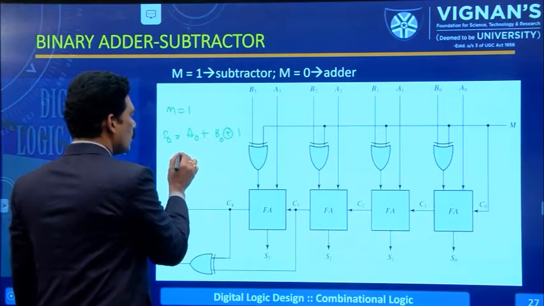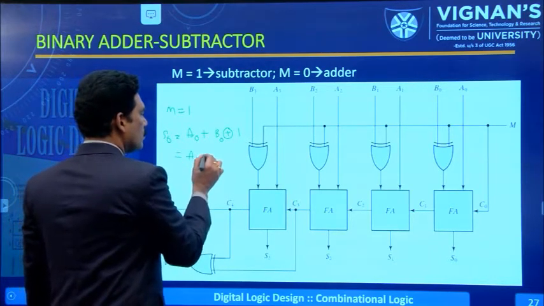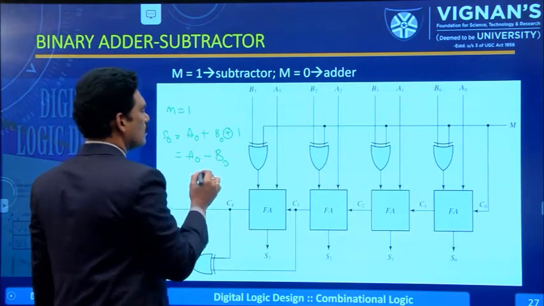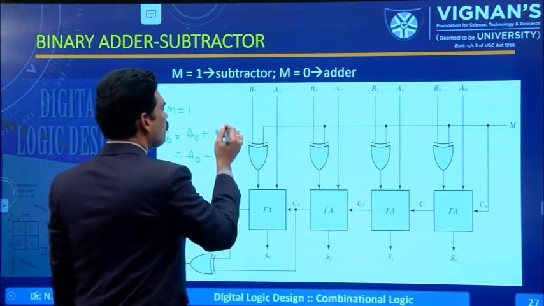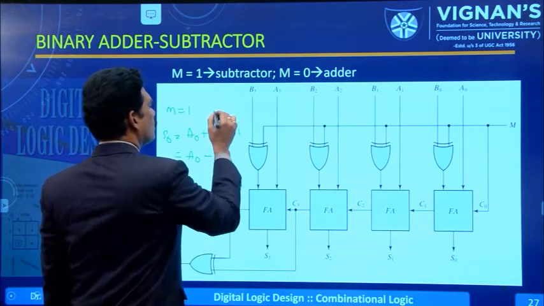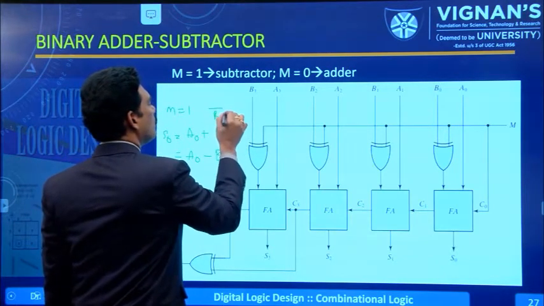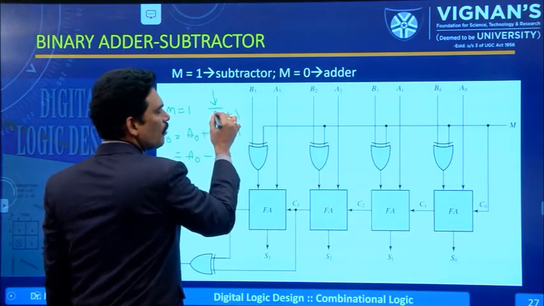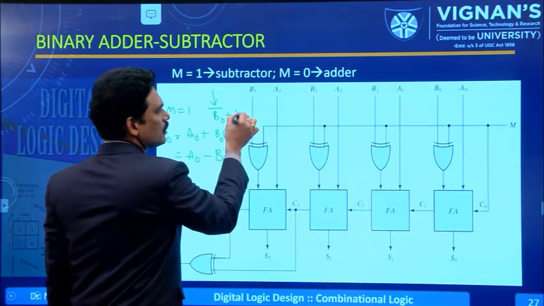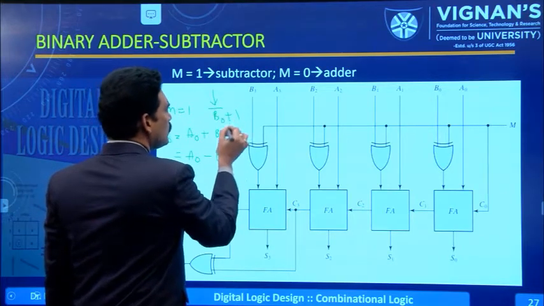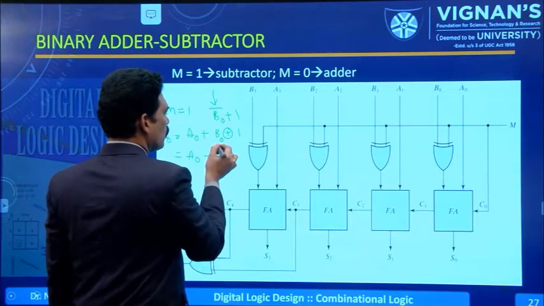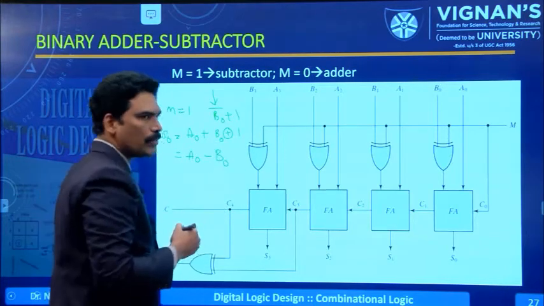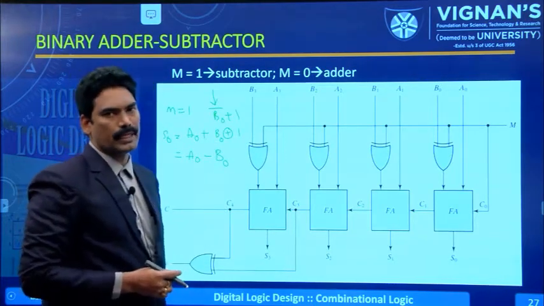So it performs A0 minus B0, that is, A0 plus B0 complement plus 1. This is called 1's complement, and we are adding 1 to this. B0 bar plus 1 is called 2's complement. This is 2's complement subtraction.